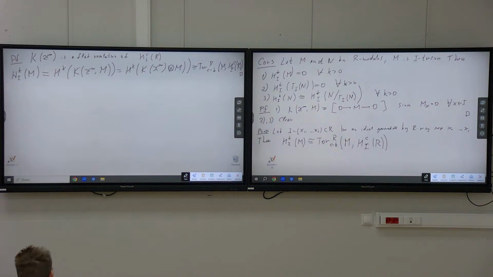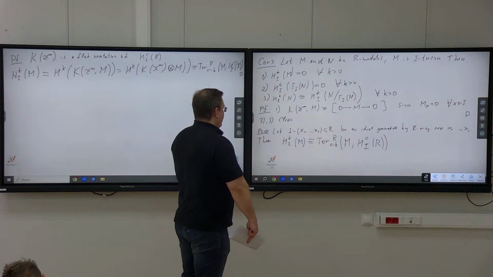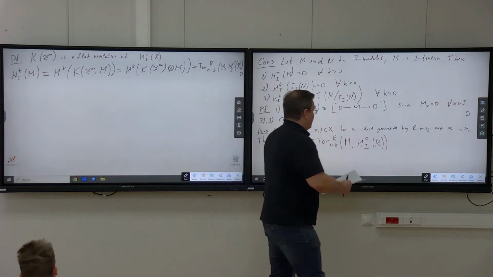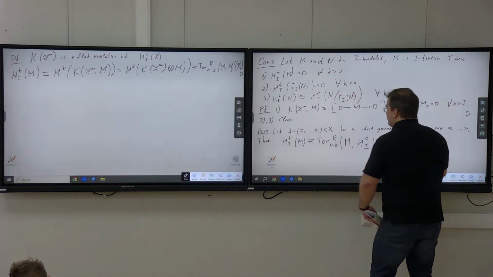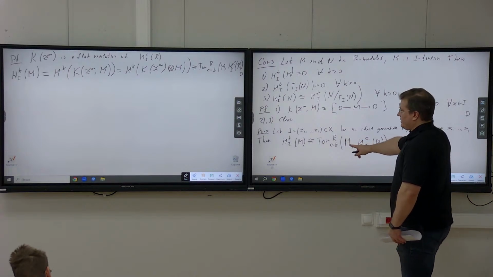Okay. Now this looks like a kind of innocent formula at the moment, but this will be our source of local duality next week. Because we know that there is a general situation, for example, when this is a Noetherian ring and this is a finitely generated module, this second version of the Ext-Tor duality.